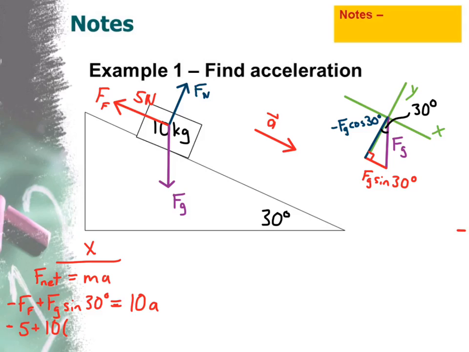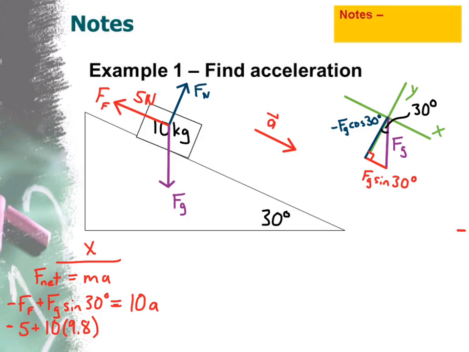Now, I need to be a little bit careful here, because a lot of us are used to writing negative 9.8 in here, but I've already considered what sign it's going to have when I broke it down into components. So in this case, I'm actually going to just write down 9.8.